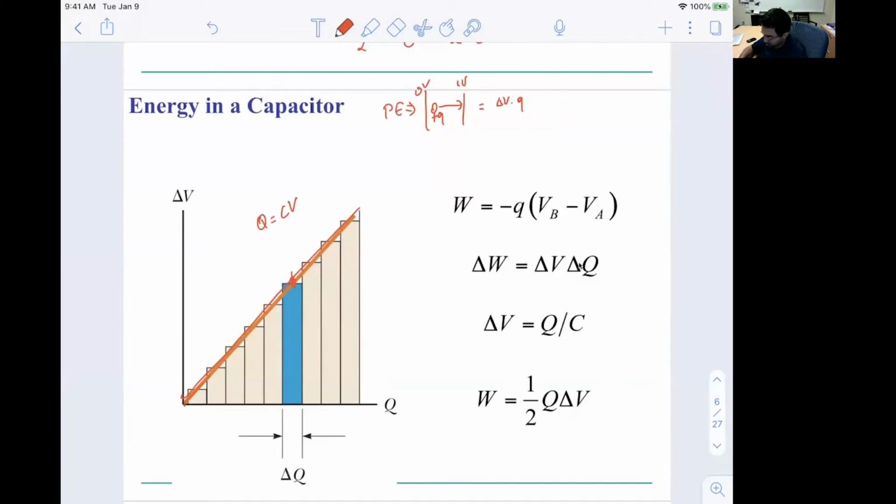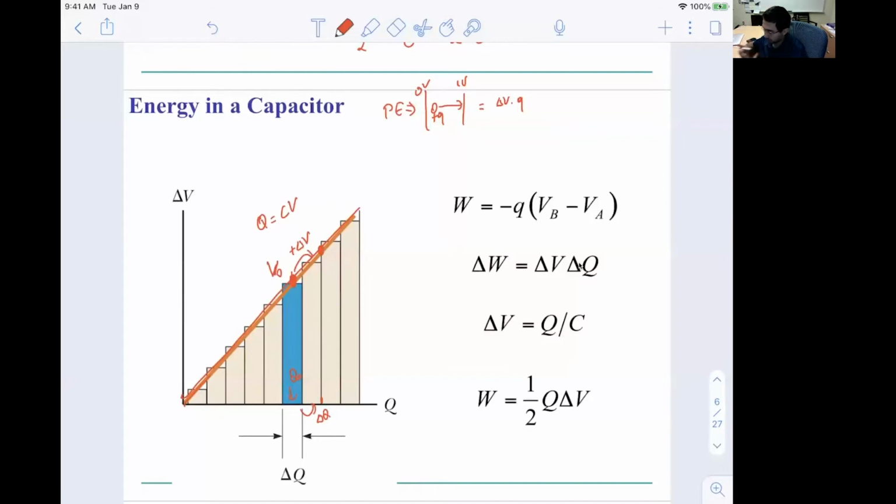Let's assume you have some potential V and charge Q at a certain point. Now let's say you add a little bit of charge, delta Q, and the potential also increases by delta V.